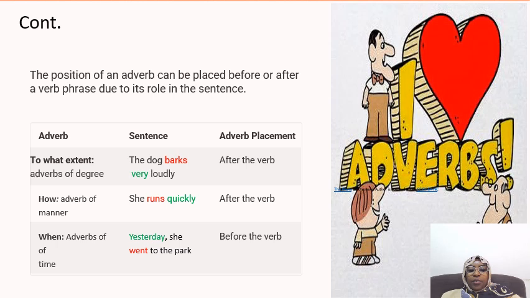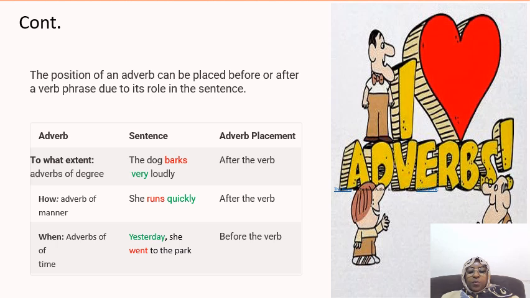The dog barks very loudly. So, where is the placement of the adverb? As you know, the adverb is written in the green color. It comes after the verb.